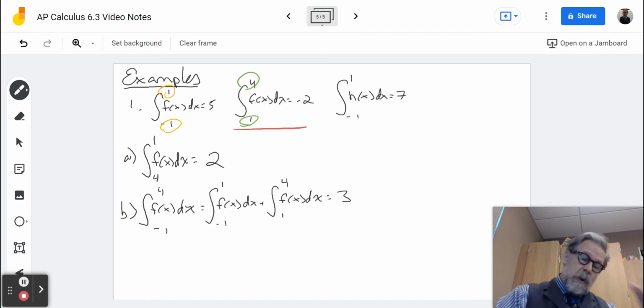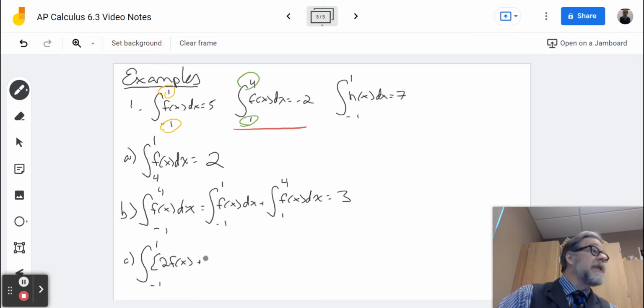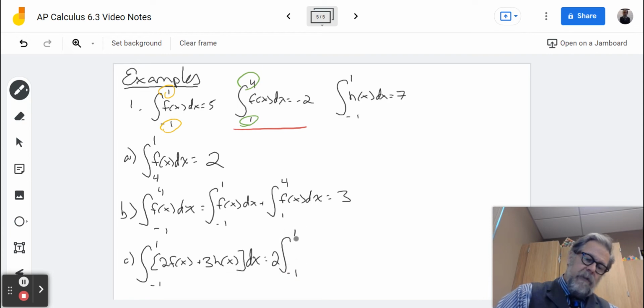All right, what about the integral from -1 to 1 of 2f of x plus 3h of x dx? Well, splitting this up, the sum rule says we can split that into two separate integrals. The constant rule says take the constant out front, so this is twice the integral of f of x plus 3 times the integral of h of x.